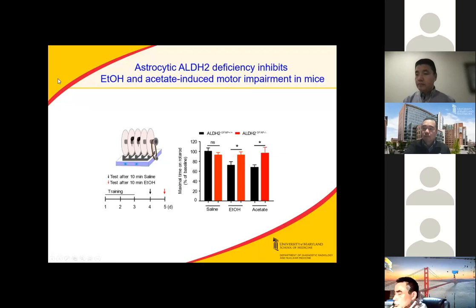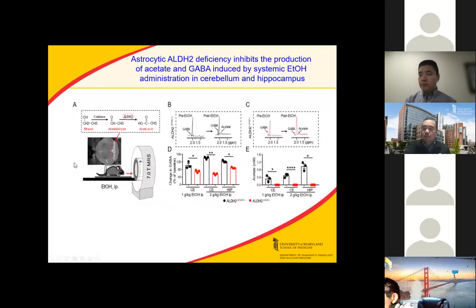To find what is related to this change after alcohol injection in the cerebellum, we used MRS. Interestingly, with low dose and moderate dose injection in the cerebellum, we found the GABA level was decreased compared with wild type, and the hippocampus also showed a similar change, but with a relatively higher GABA level.